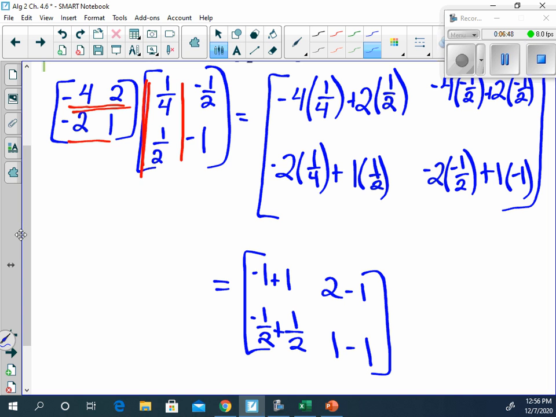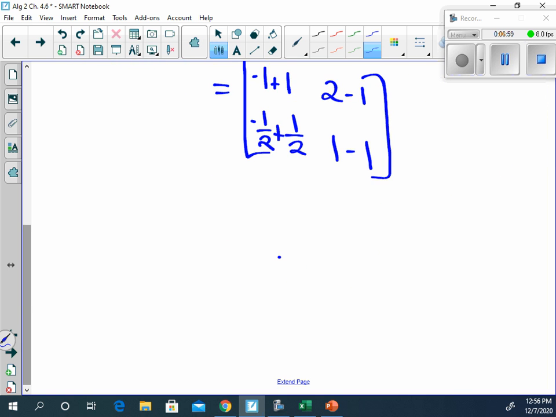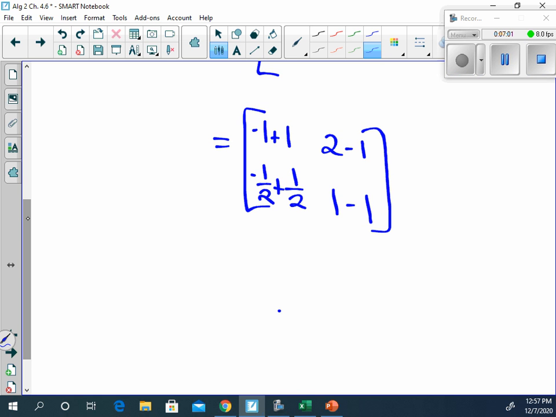Any questions on how we got to this point here? Any questions on any of this so far? Okay. So lastly, we just need to simplify this. And once we simplify it, we'll see where we're at. Well, -1 plus 1 is 0. 2 minus 1 is 1. -1/2 plus 1/2 is 0.